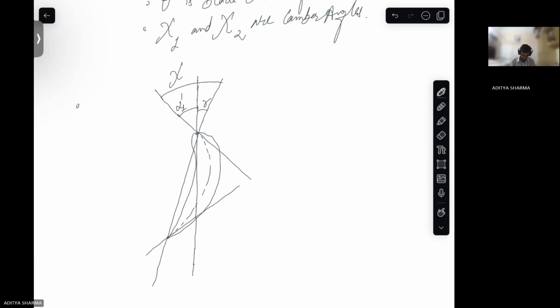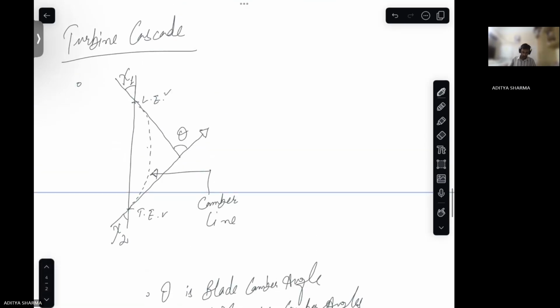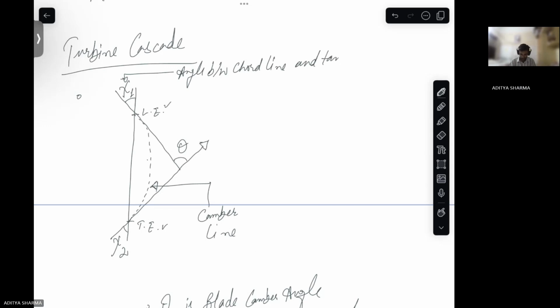So this basically is the angle between chord line and tangent to camber line.